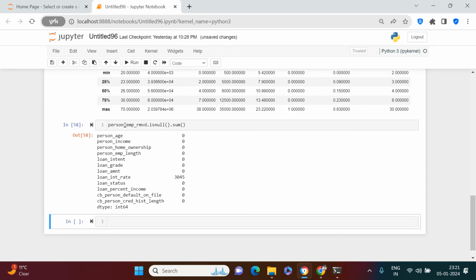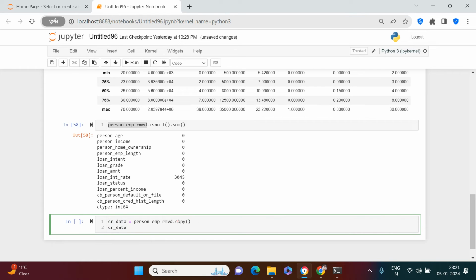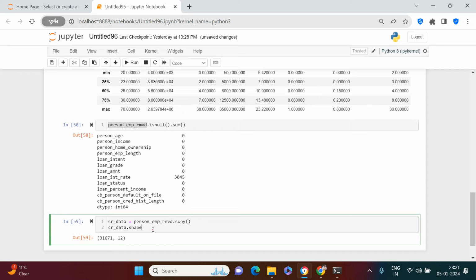Again, I'm going to create a copy of this data. Dot copy, and I'm going to put it in credit risk data. Sorry, dot shape, and let's just see, this is good.